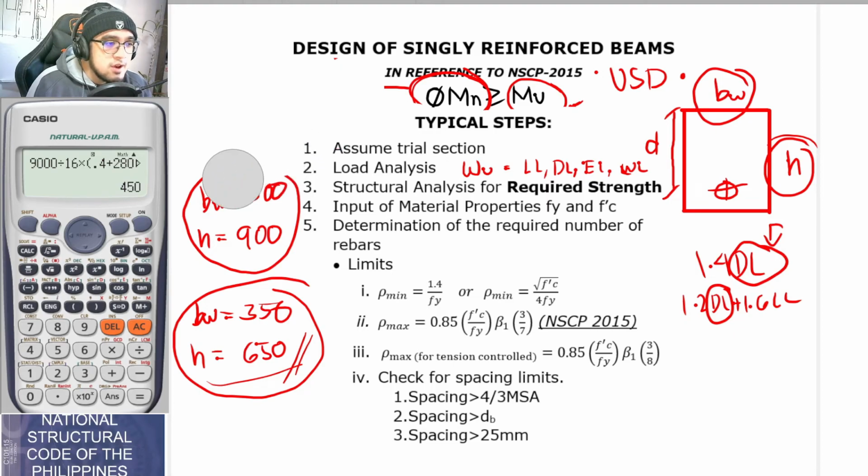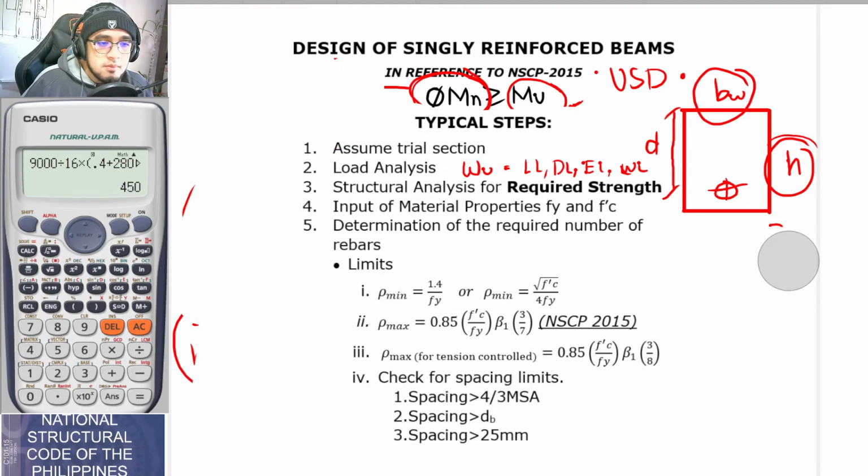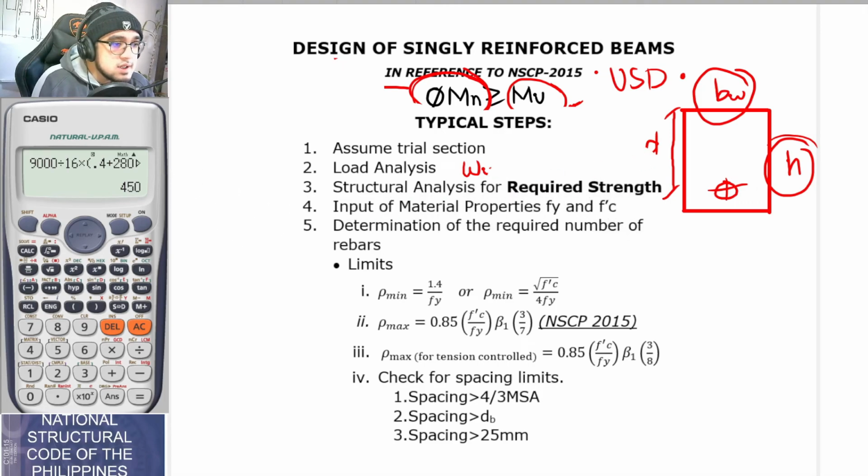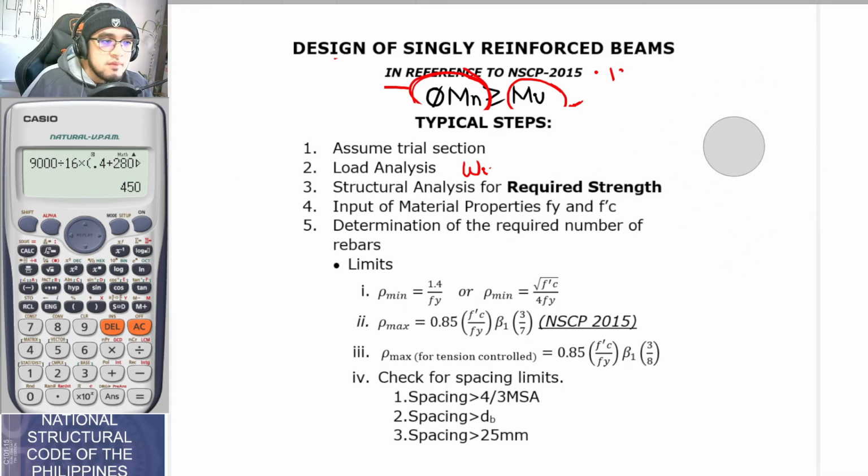Okay, so for example that we have already determined our W, so that is for our load analysis, we would now be solving for the required strength. And for your required strength, guys, this is to be the value of your MU. And your MU here is to be dependent upon your WU.